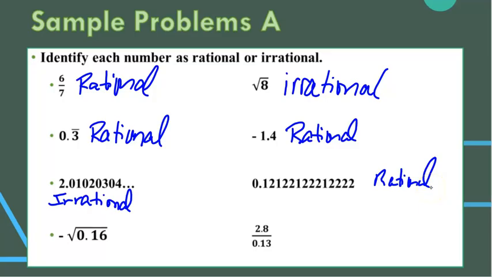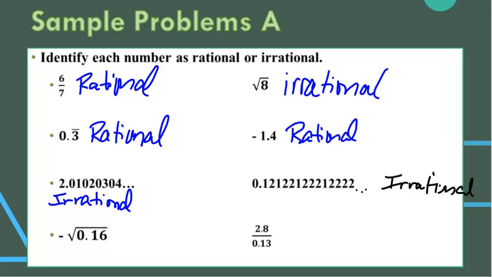But if I were to put the ellipsis at the end, and actually let's make this a little bit different, because I should have put in the ellipsis at the end, so this would be irrational. The way it stood, it would be rational because I didn't have the ellipsis at the end. It did terminate. But since I just added the ellipsis in there, it would be considered irrational.